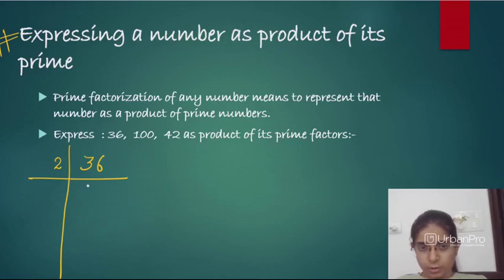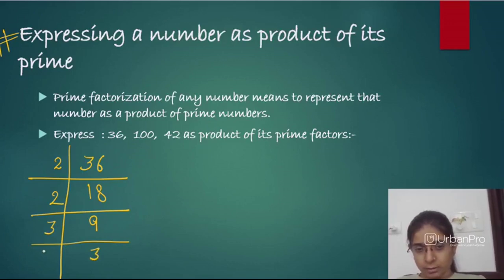36 by 2, which is 18. Then again our number is divisible by 2. Now the number is not divisible by 2, but it is divisible by 3, and 3 is also a prime number. So we can write it again, 3 is divisible by prime.